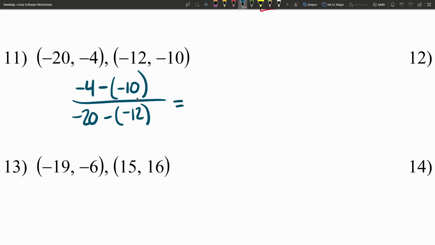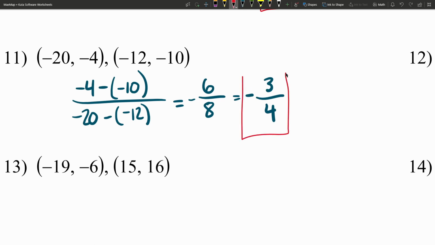Negative 4 minus a negative 10 is negative 4 plus 10, which gives us 6. Negative 20 minus negative 12 is negative 20 plus 12, which gives us a negative 8. So this is negative 6/8, which is equal to, think about, both are divisible by 2. 6 divided by 2 is 3. 8 divided by 2 is 4. Keep that negative out in front. Negative 3/4. Let's move on to number 12.